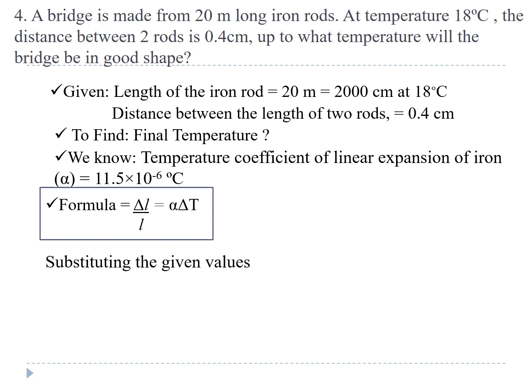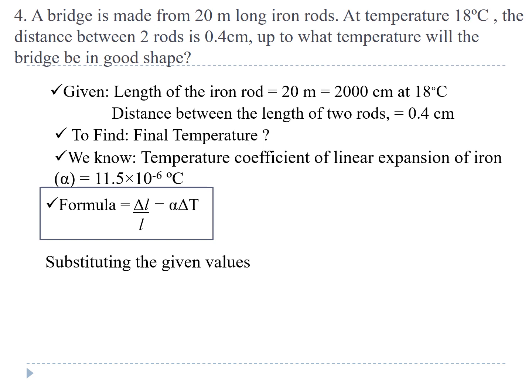Okay. So when you say delta L, it is nothing but the change in the length, and that change in the length is nothing but the distance between the length of the two rod. So when I say that the distance between the length of the two rod is 0.4 centimeter, I'm basically talking about the difference in the length or the change in the length.